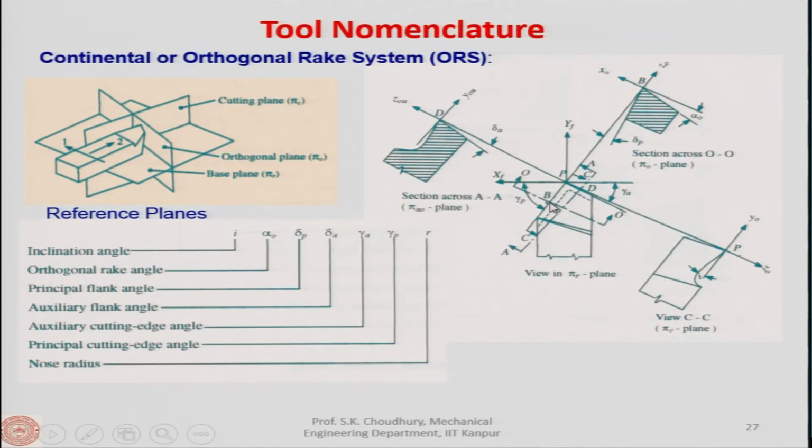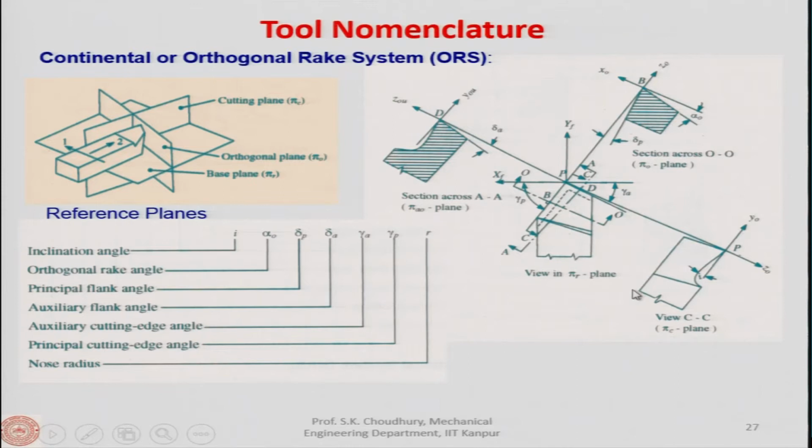Now, with respect to this OO, first let us say CC. CC is the plane which will contain the cutting edge. So, we will take a view because it is not a sectional view, so the view will not be hatched.